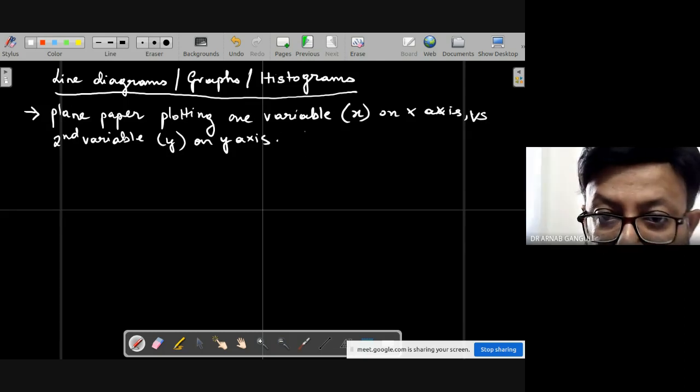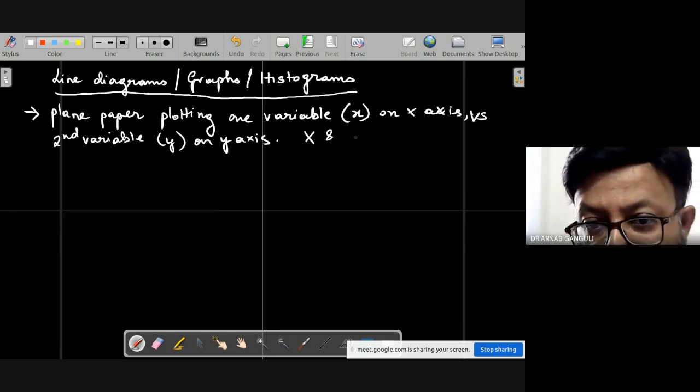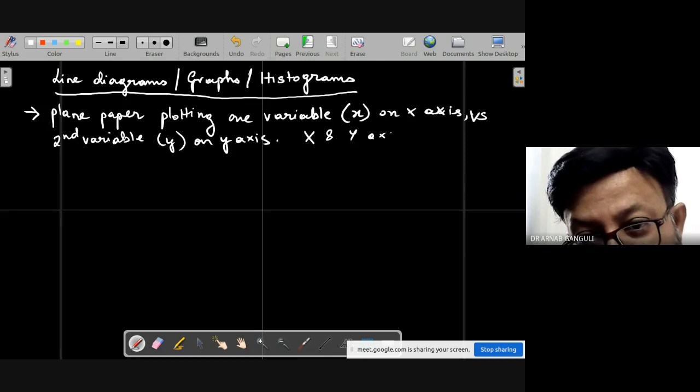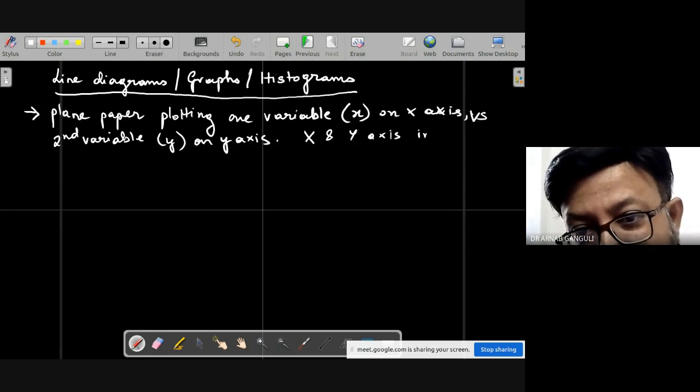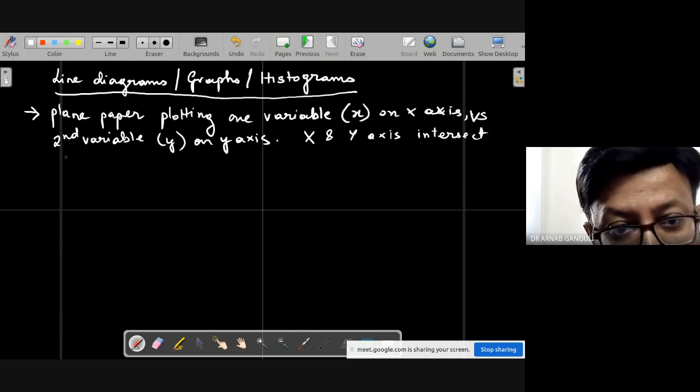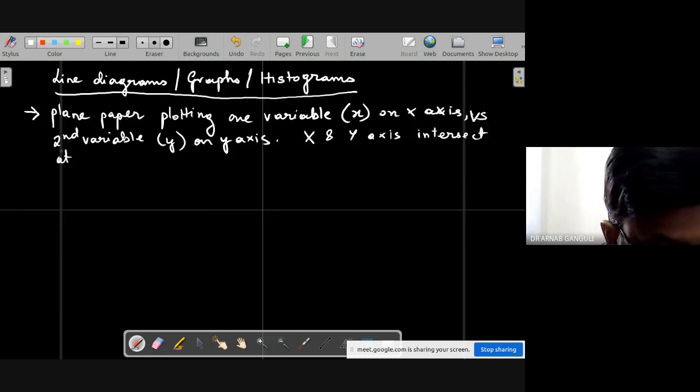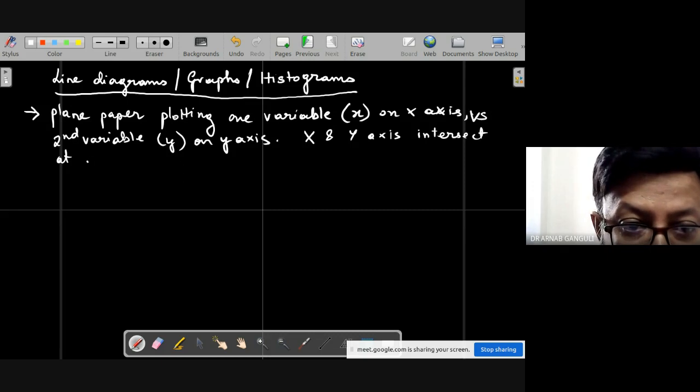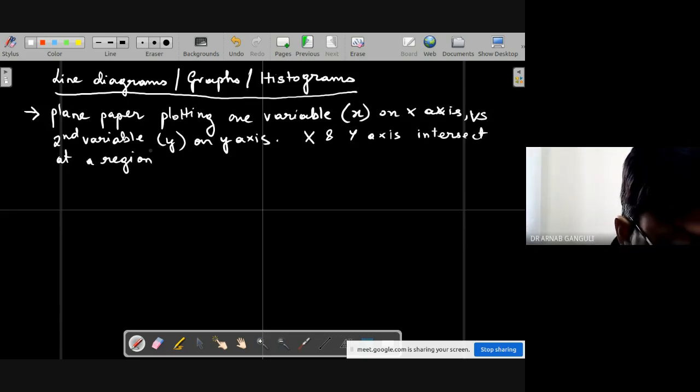So the x and y axes intersect at a point called the origin.